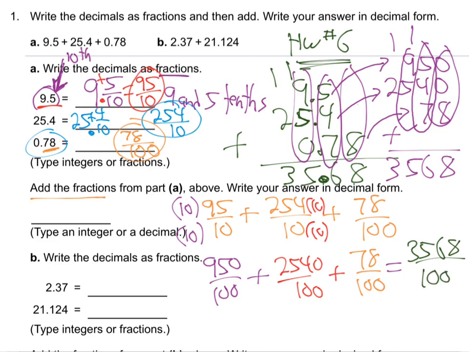Now, they say, write your answer in decimal form. So how do you take that number and convert it back to a decimal? The decimal, 2 spots over. Yeah, 2 spots, because that's what the dividing by 100 does, doesn't it? You write 3568, but it's divided by 100. So it's 3568 hundredths. So that means the decimal's got to be there.